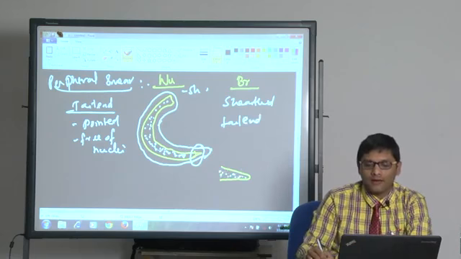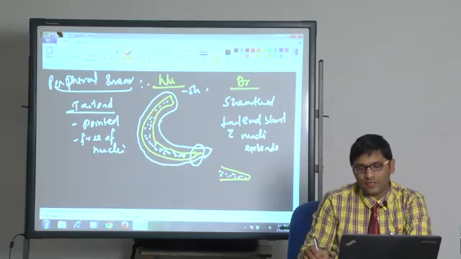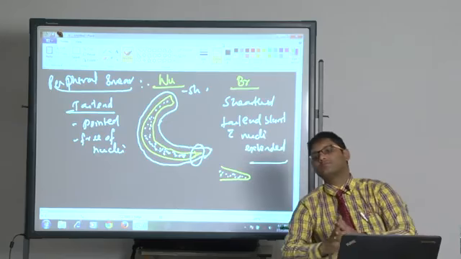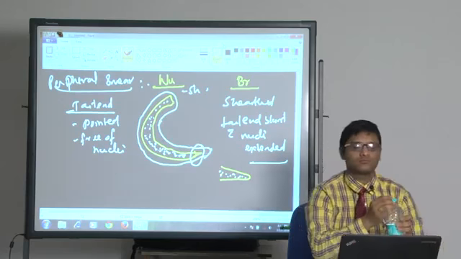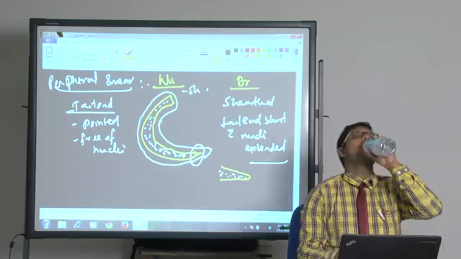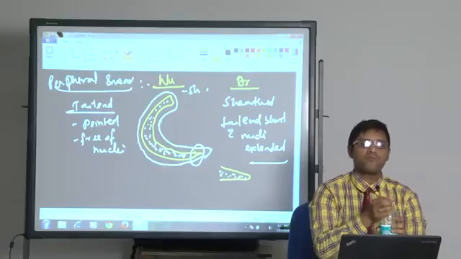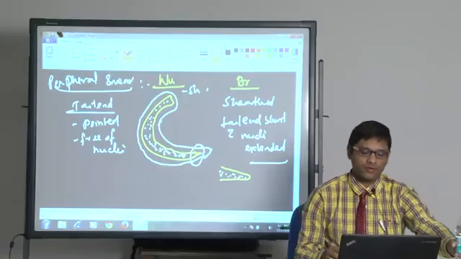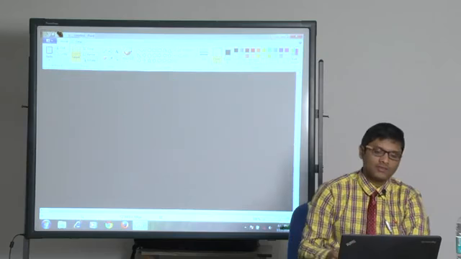Tail end is blunt with nuclei extended till the tail tip. Okay, so this is how you can differentiate.